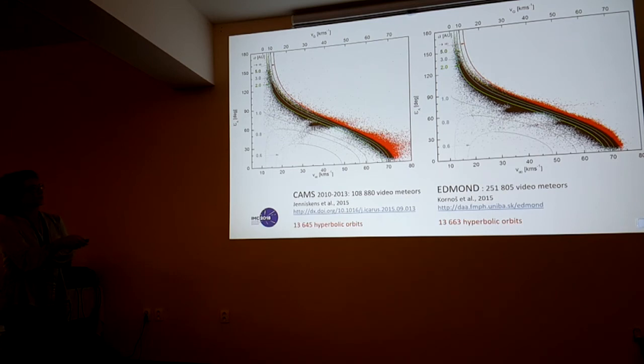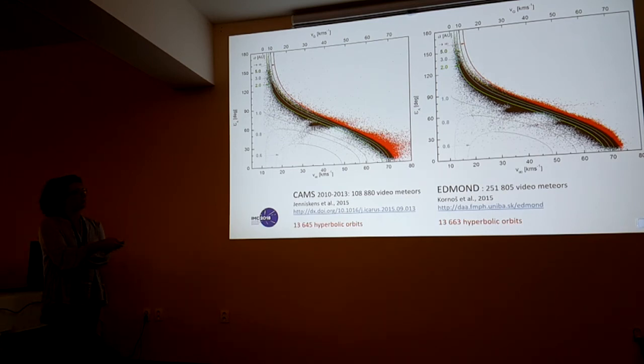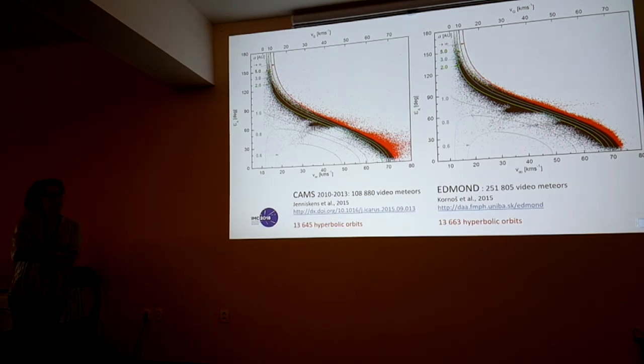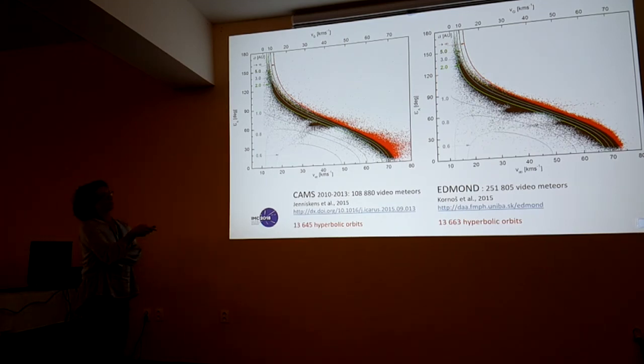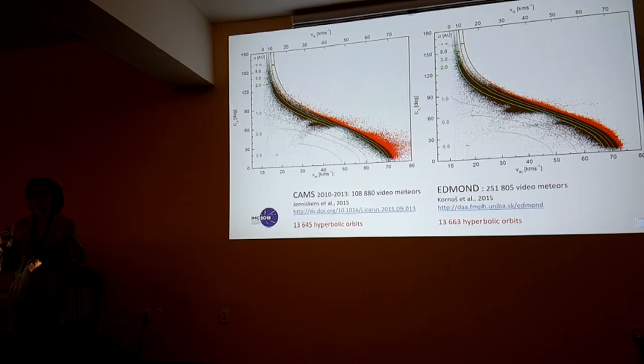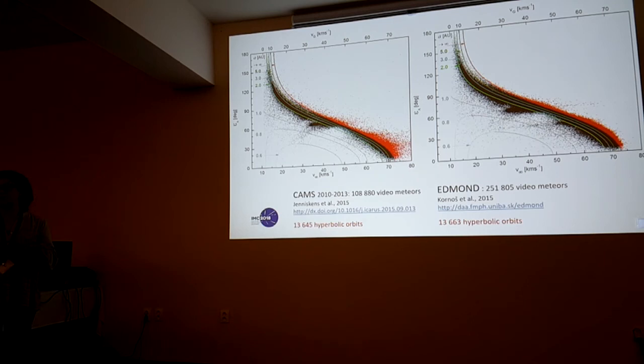It means, I think, these high velocity meteors, but also the bigger dispersion, were cut off. If the velocity measured from two stations differed by, I don't know, about 7%, I think, the meteor was excluded.